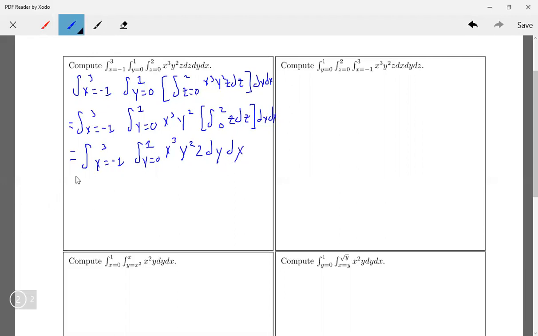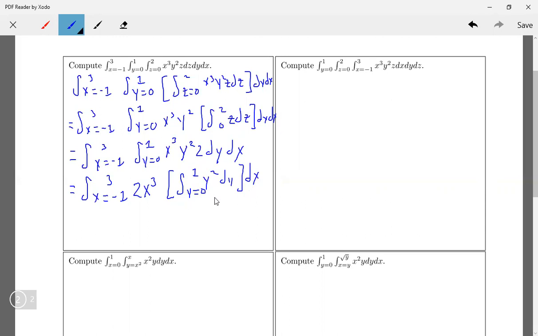Okay, now we have a double integral. Notice that we do the inner integral. Now we have a double integral, and we completely forget that the inner integral ever existed. Now we just have this double integral to do. So this is going to be the integral from x equals -1 to 3, 2x cubed, and now this inner integral is the integral from y is equal to 0 to 1 of y squared dy dx.